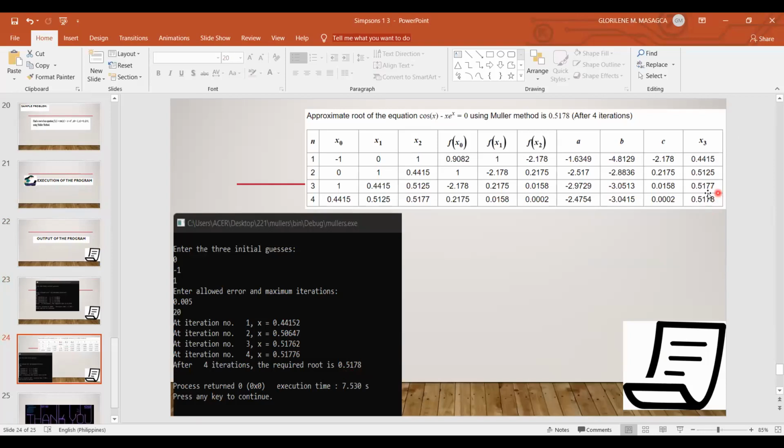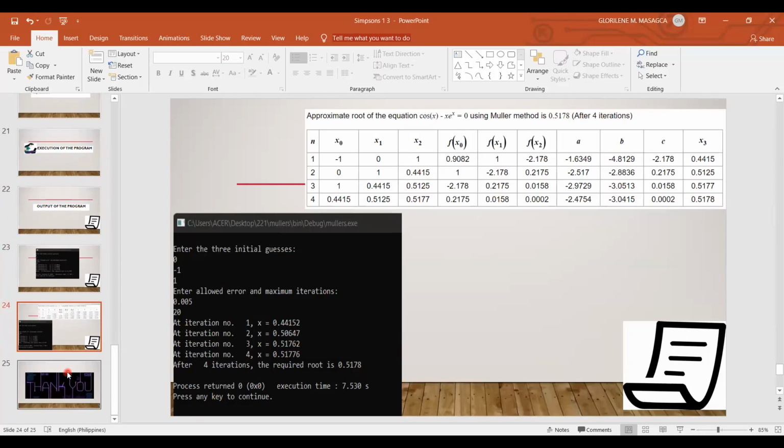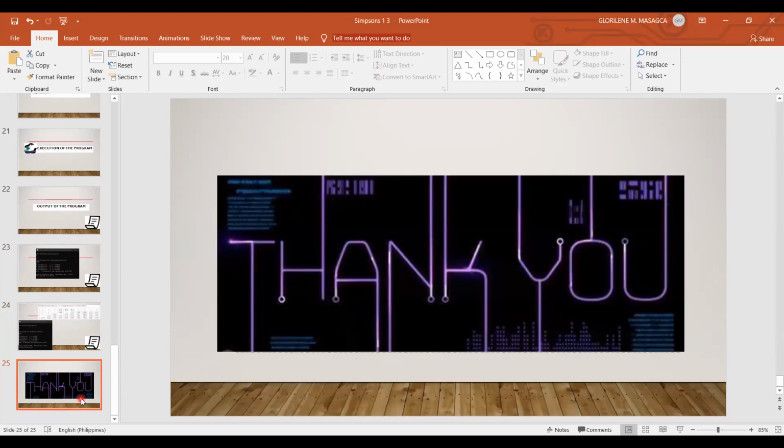So here it is, 0.518. So this proves that the program is accurate and gives the same answer as the one computed manually. So this program saves time and makes it easier to compute those methods like Muller's and Simpson's method. So that ends the presentation, and thank you so much.